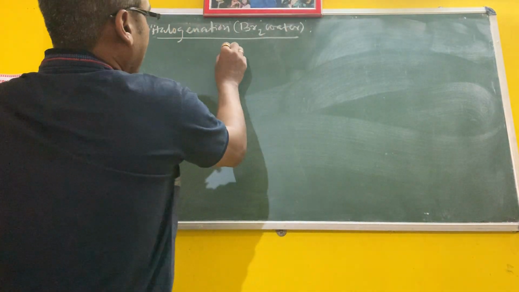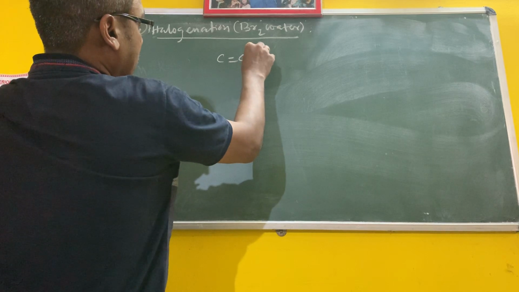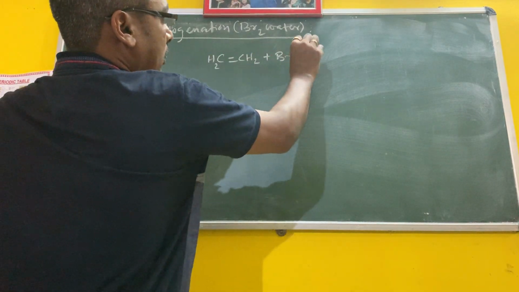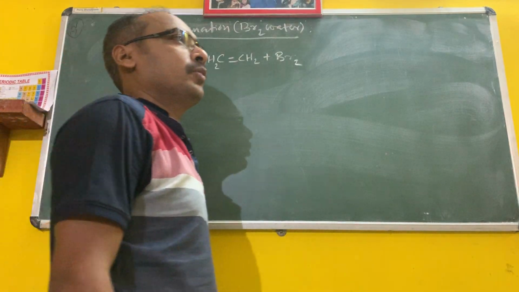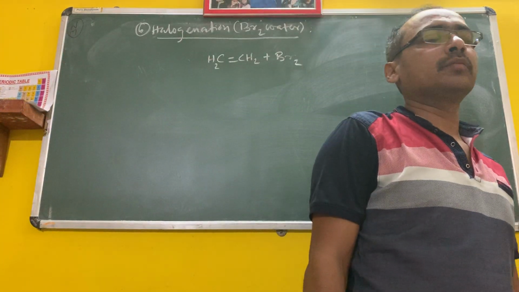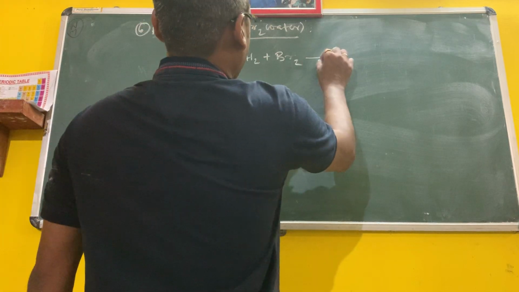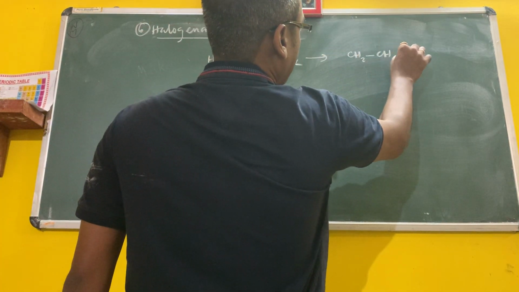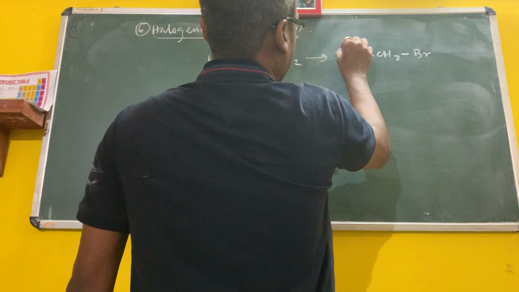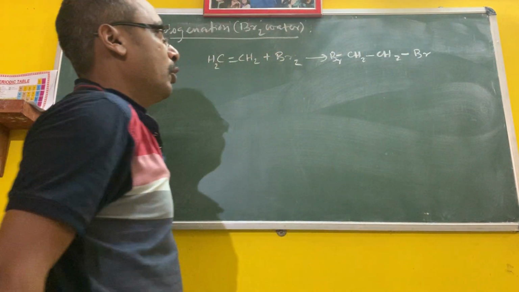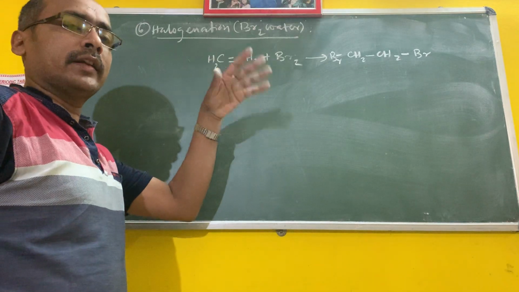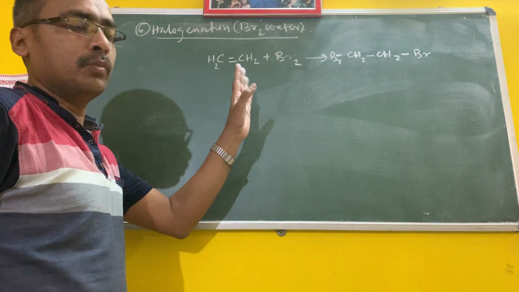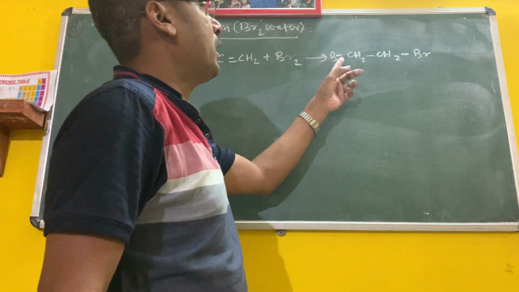When any alkene is added to bromine water, what is the color of bromine water? Reddish brown. Then it will form CH2Br CH2Br. Where the double bond is present in the alkene, on those two adjacent carbon atoms Br2 is broken down to form Br and Br.